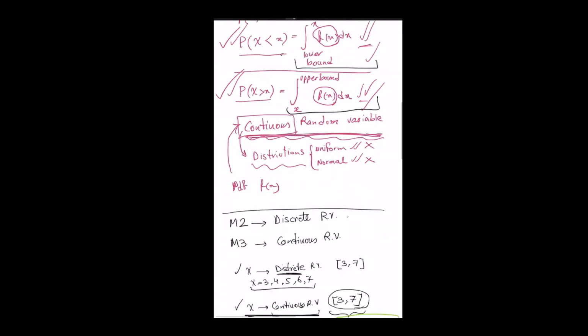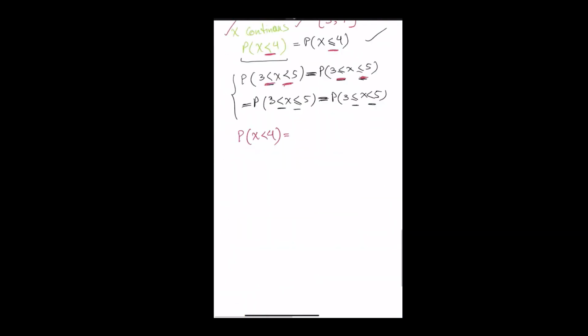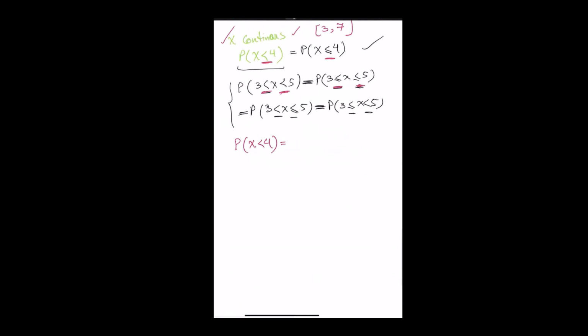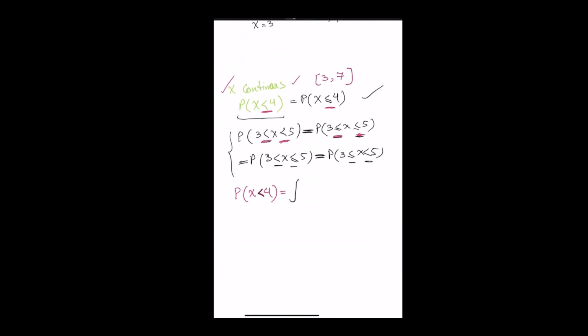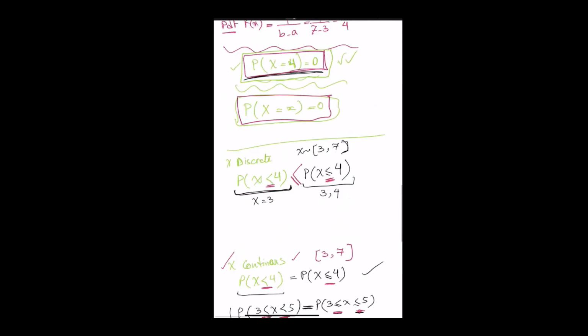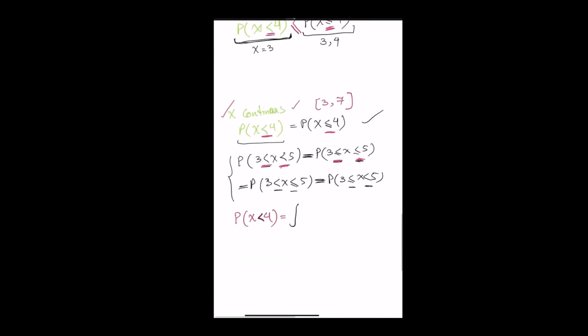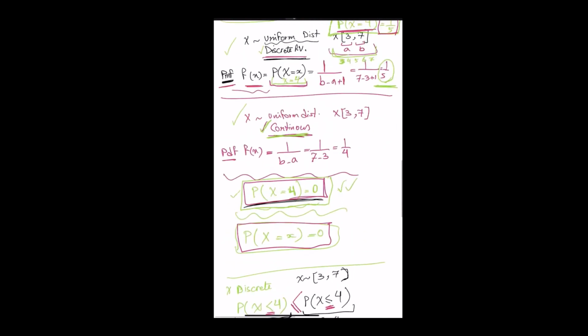Always integration from either the lower bound or the upper bound, depending on whether it's less than or greater than. We need more information in this case, the f of x, which is 1/4. That's the one I calculated here.